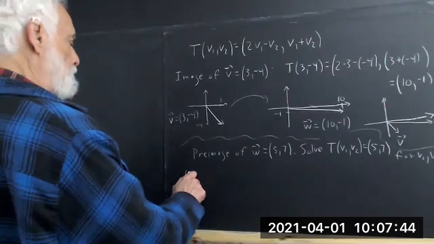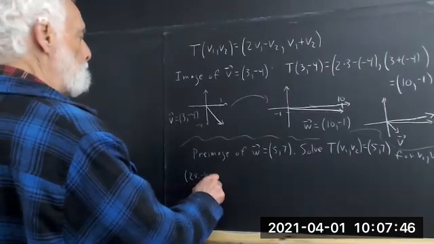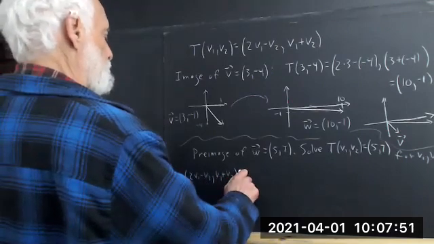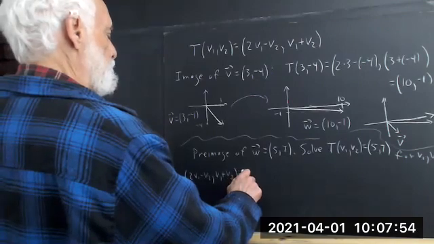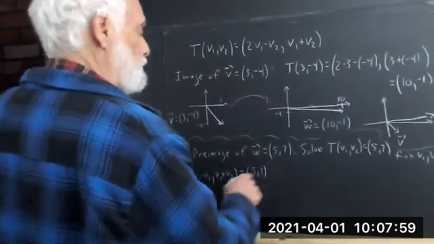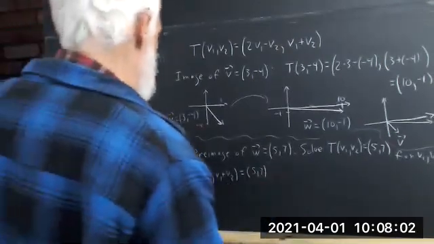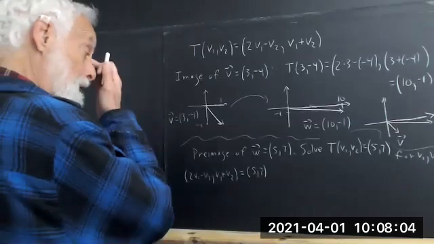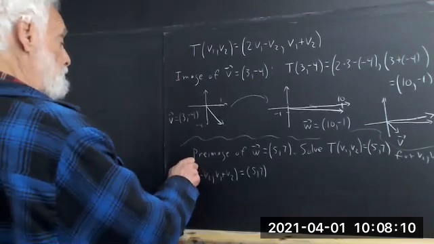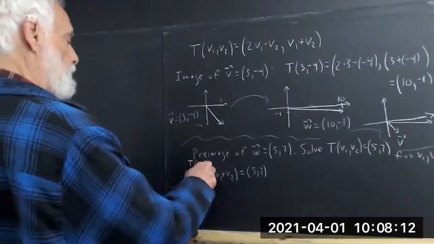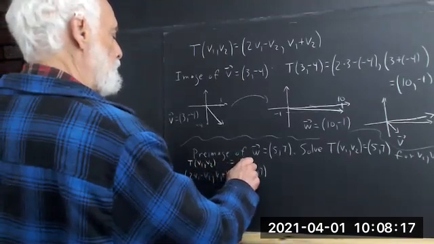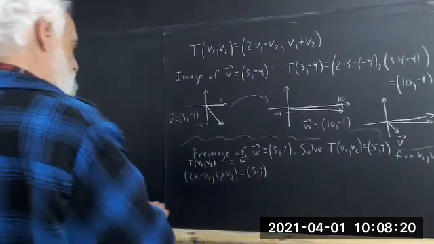So we write out this equation. T of V1, V2 is 2V1 minus V2, V1 plus V2. And that has to equal 5, 7. In other words, this is the equation: T of V1, V2 equals the W vector.